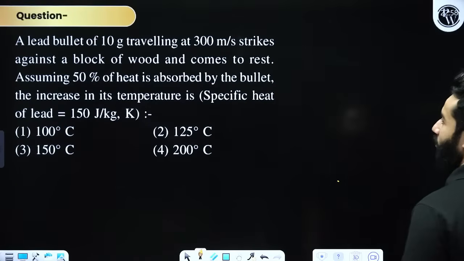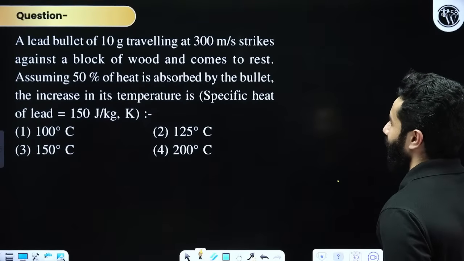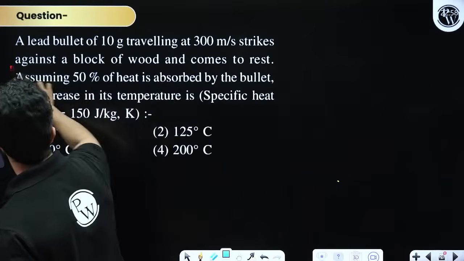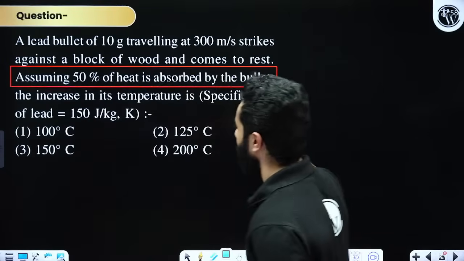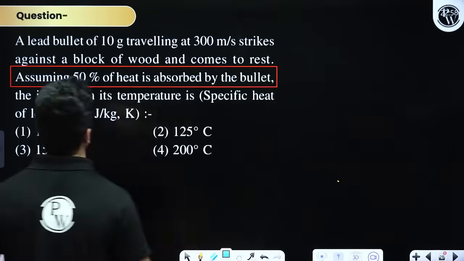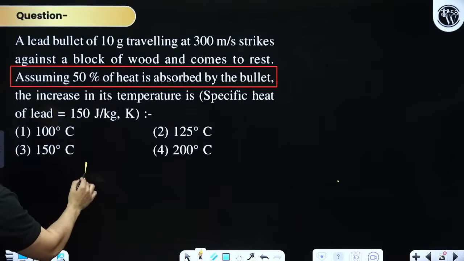A lead bullet of 10 gram traveling at 300 meter per second hits a block of wood and comes to rest. Assuming 50% of heat is absorbed by the bullet, the increase in its temperature is? So first of all, let's find the initial kinetic energy.